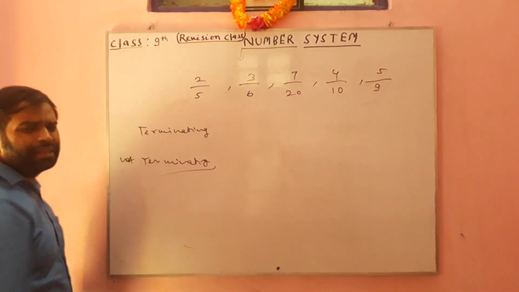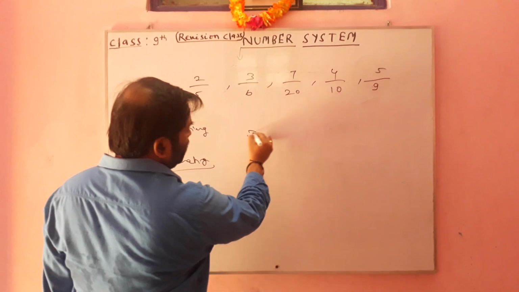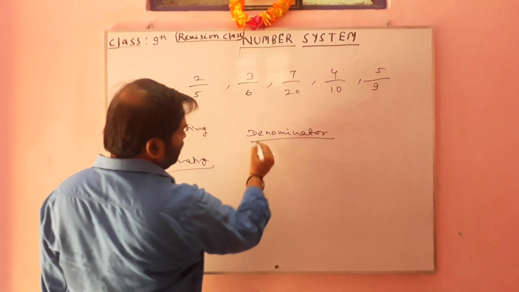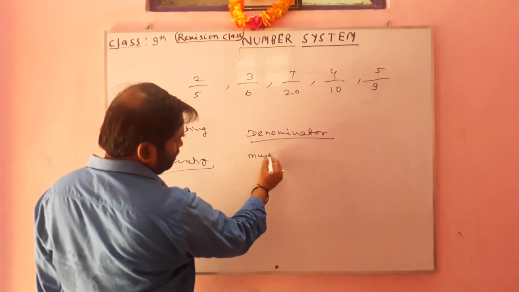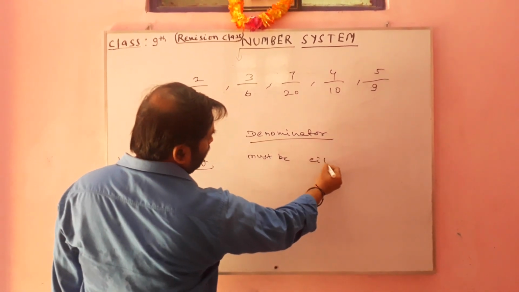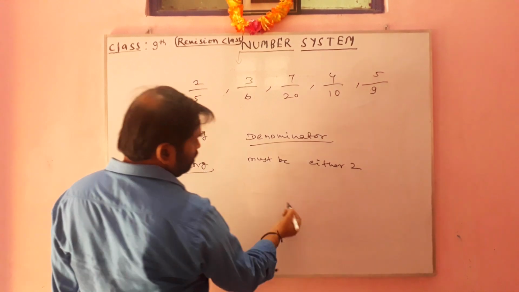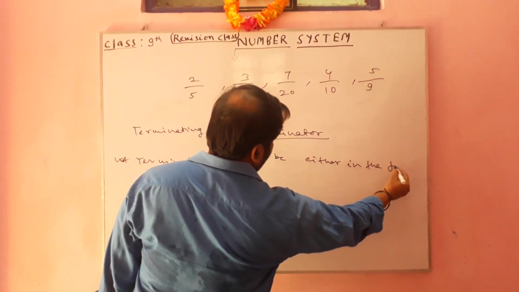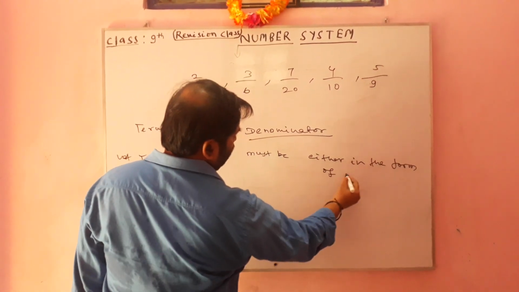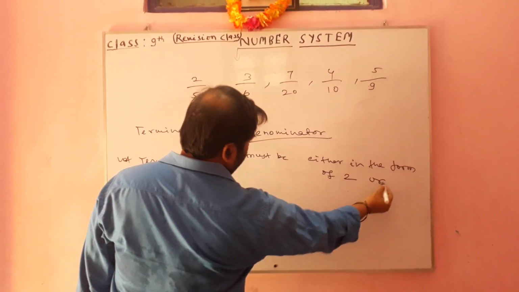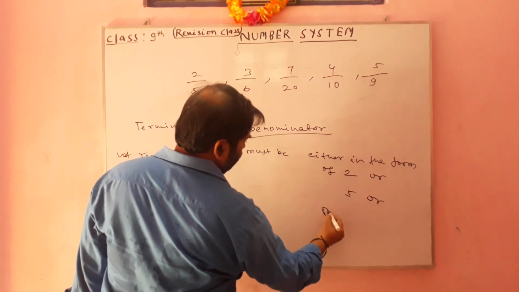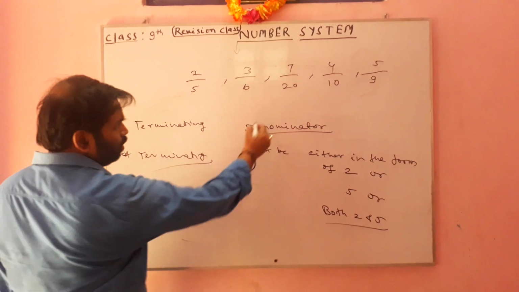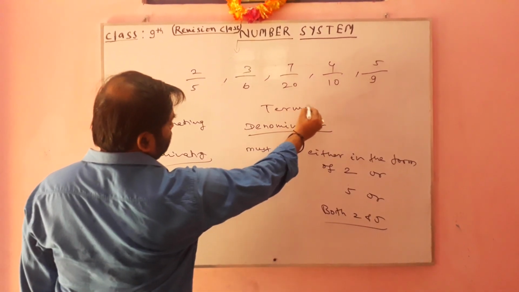The simple method is that the denominator must be in the form of 2 or 5 or both 2 and 5 for terminating.